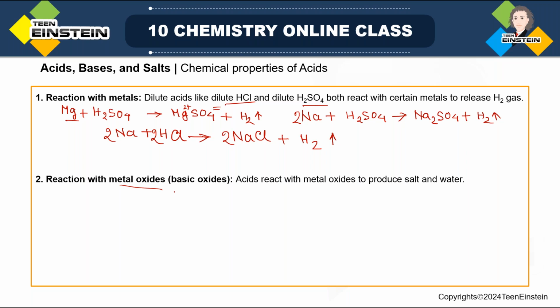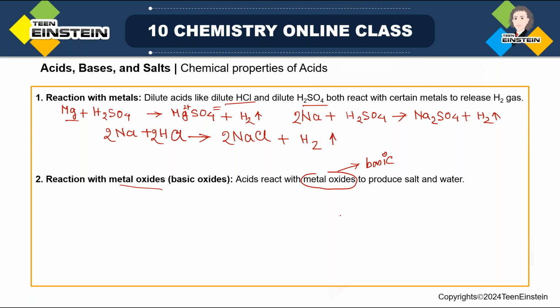But in this case, salt is also produced, though the reaction is not exactly between acid and base, it is between acid and metal oxide. But remember, these metal oxides are also basic in nature, right?